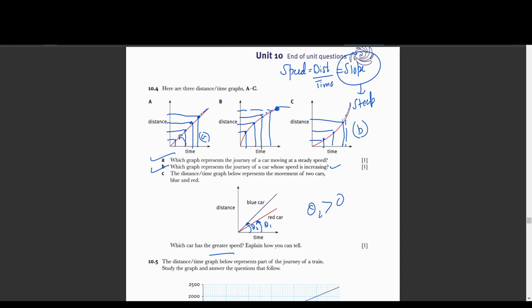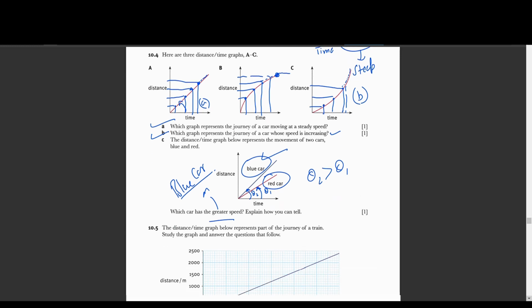Clearly theta 2 is greater than theta 1. The angle subtended by the graph of the blue car is greater than the angle subtended by the red car. So clearly the blue car has greater speed.